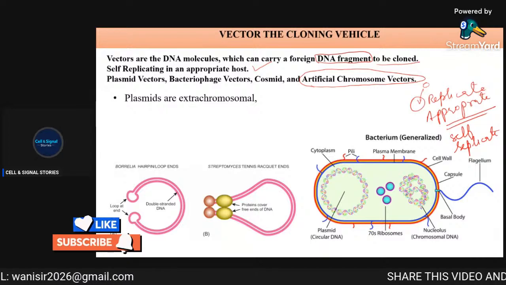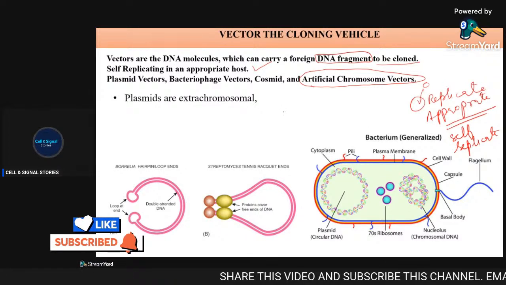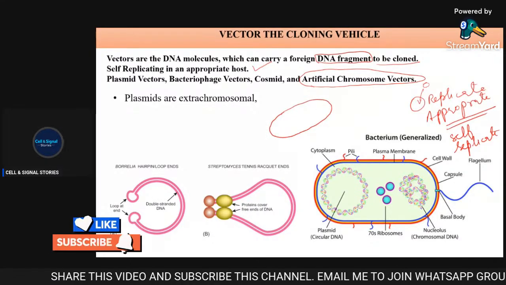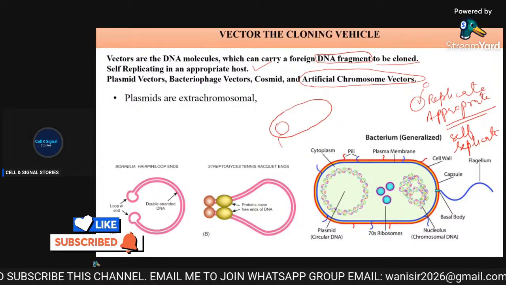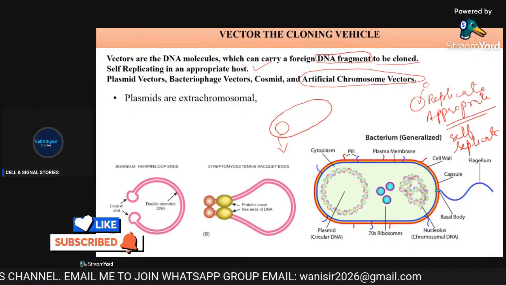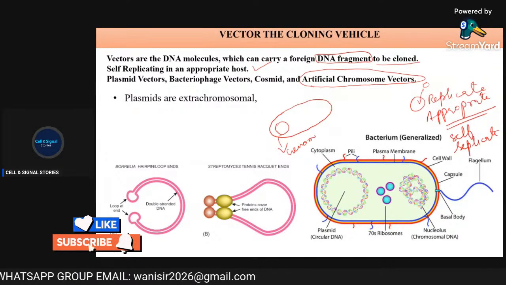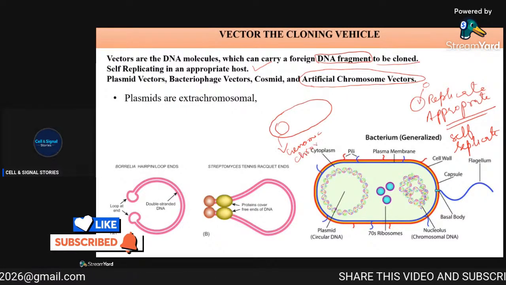So what are plasmids? Plasmids are extra chromosomal DNA. That means if this is the diagram of the bacteria, this bacteria has the genomic DNA, which is the chromosome genomic DNA of the bacteria, also called chromosomal DNA.